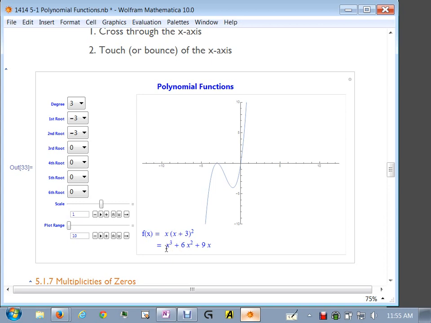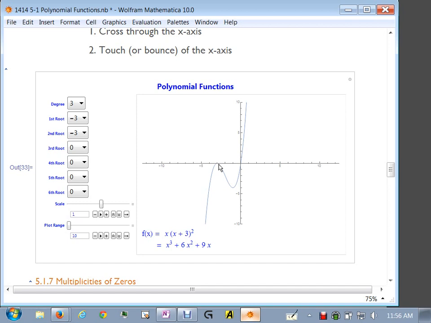Now, I'm not showing you how you could factor this, but what does this x come from? That x right there corresponds to that 0 right there, right? X being 0 gave us this factor, didn't it? And what did I do here? Cross or touch the x-axis? I crossed through, didn't I? What's happening here? Am I actually touching the x-axis? Yes, I am just touching it though, right? So I do have an x-intercept of -3, don't I?